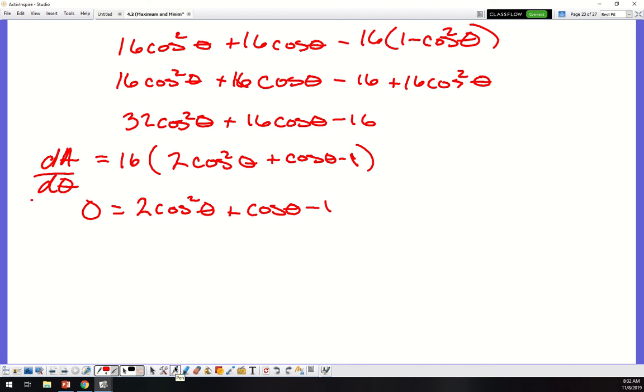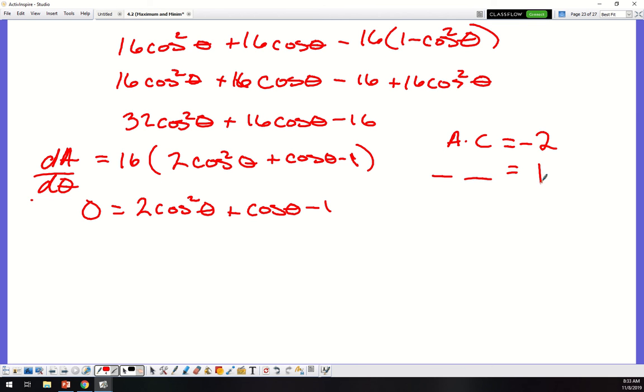If I just say cosine is like saying x, this would be x squared plus x minus 1, right? So think of it like that. It works out a little bit better. So 2 times negative 1 equals negative 2. That's my AC. And then b equals positive 1. Okay, so I need a product that gives me negative 2 but adds together to be positive 1.